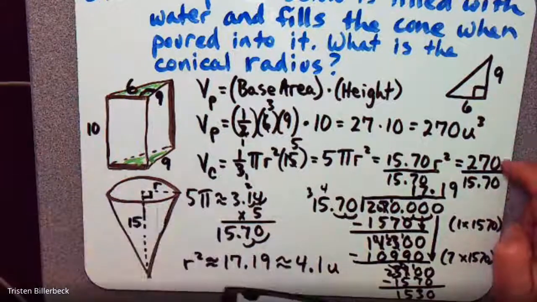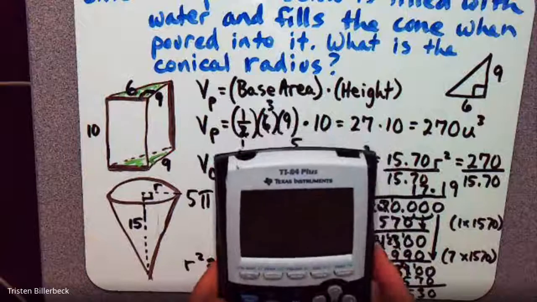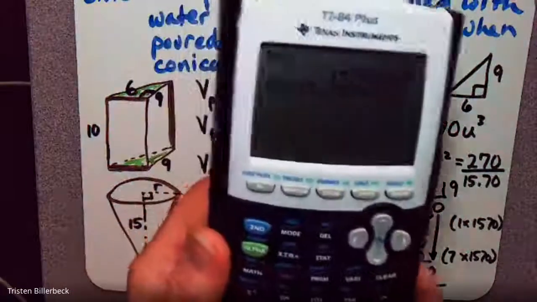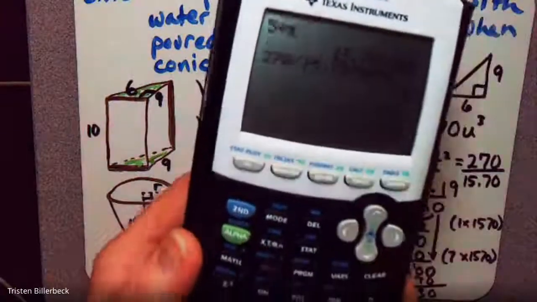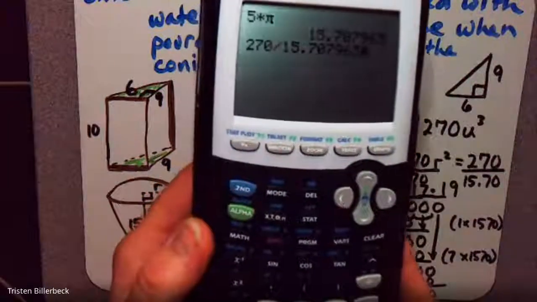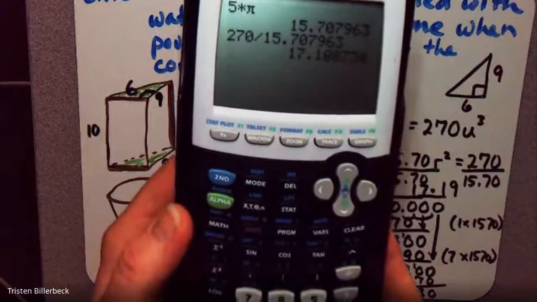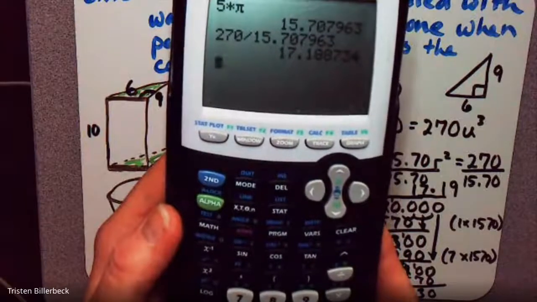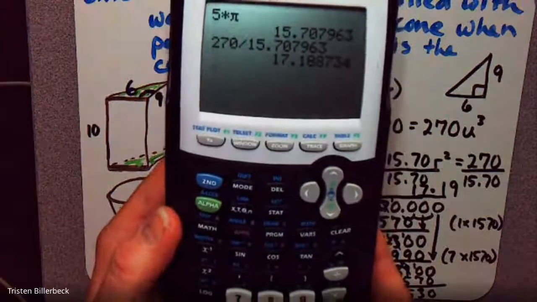Okay, so now we're going to divide 270 by this number. Let's see, trying to get the light just right. There we go. And hit enter. So now we have 17.188, which is about 17.19, what I said it was probably going to be.